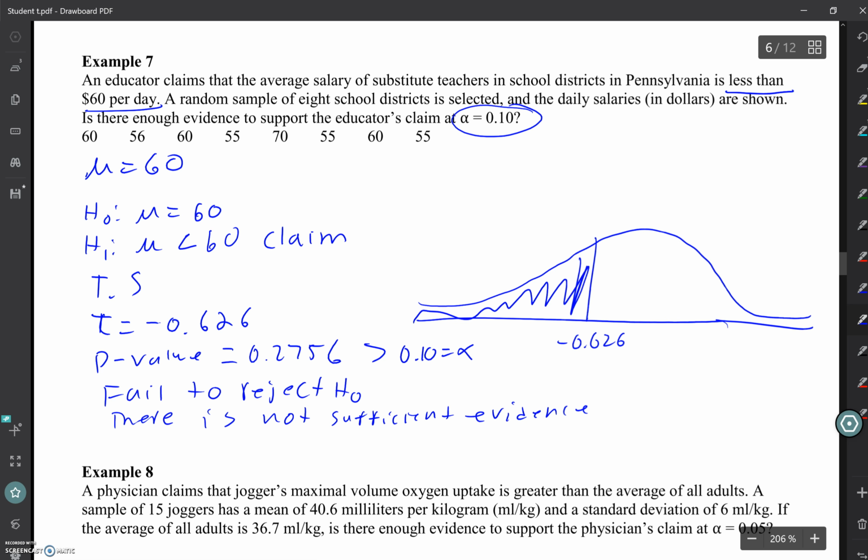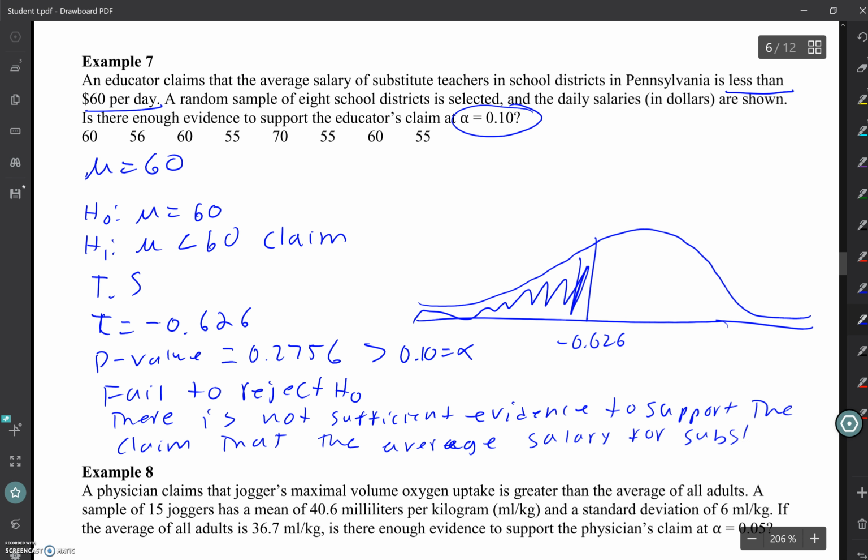So there's not sufficient evidence to support the claim that the average salary for substitute teachers is less than $60 a day.